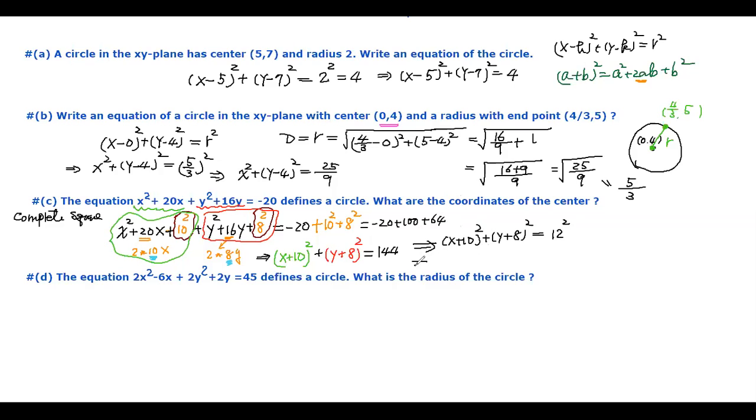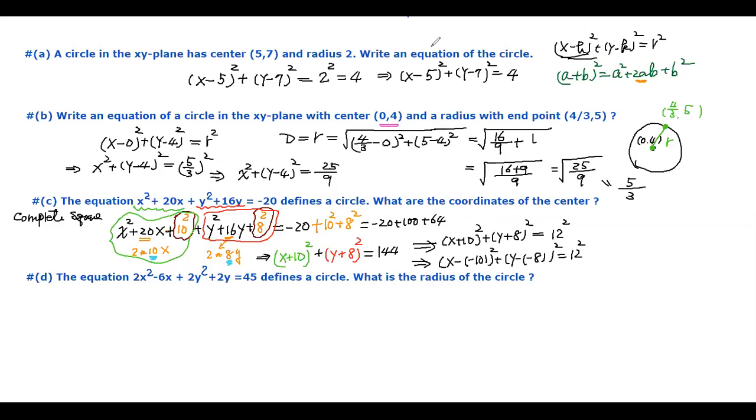So what is the center, right? Remember the formula is x minus h and y minus k. So I need to change this to x minus negative 10 squared plus y minus negative 8 squared is equal to 12 squared.